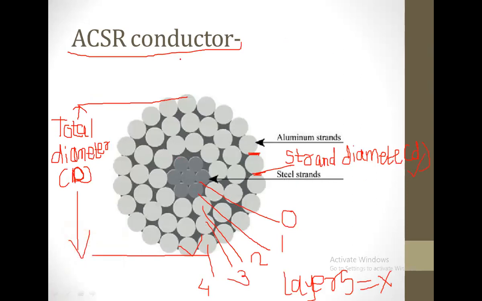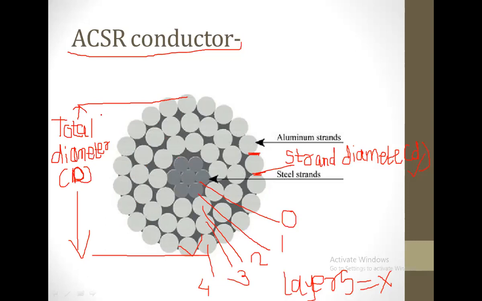Okay, so next point is the ACSR conductor. ACSR conductor is nothing but aluminum conductor, steel reinforced conductor. Because of its high tensile strength and greater conductivity, this conductor can be preferred for the overhead transmission. Then we have to see the structure of the conductor.